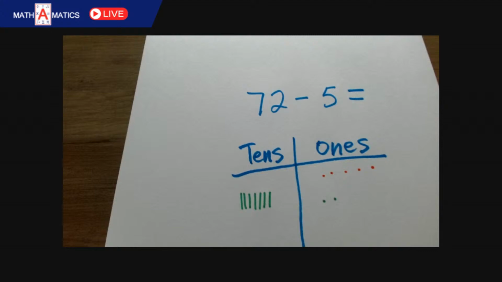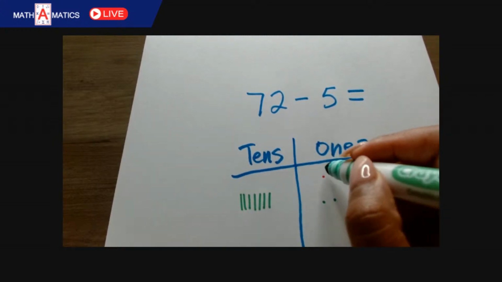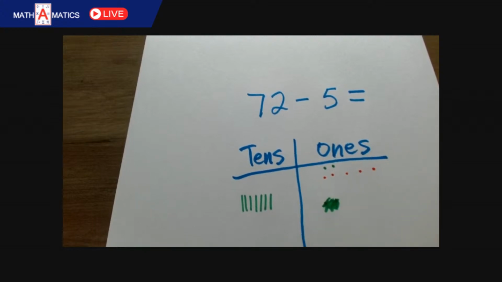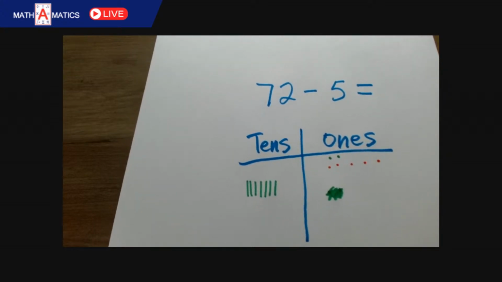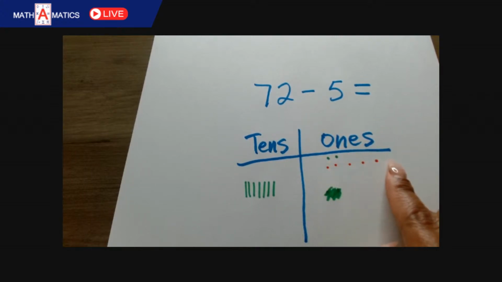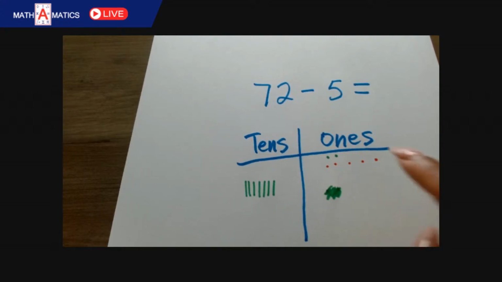Well, we know that, really I should have flipped my dots, so our 2 ones are really on top. Well, we know our 2 ones, we cannot take our 5 red ones from our 2 green ones.